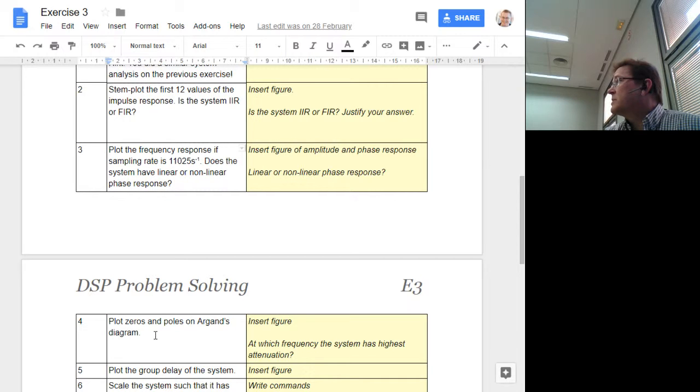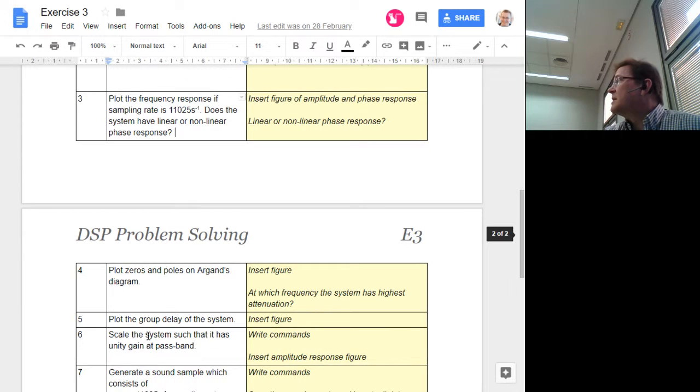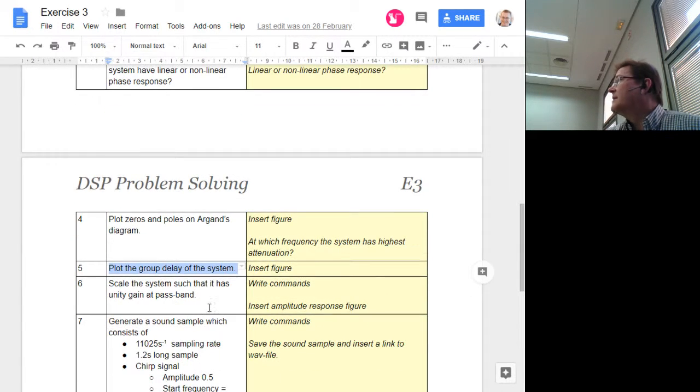Then again, plot zeros and poles on Argand's diagram. Plot the group delay of the system. Then scale the system such that it has unity gain at passband.